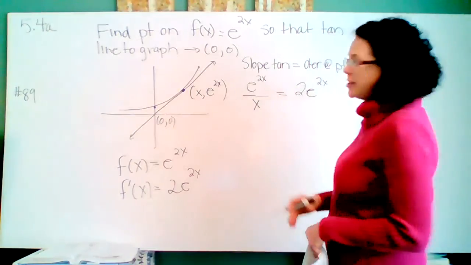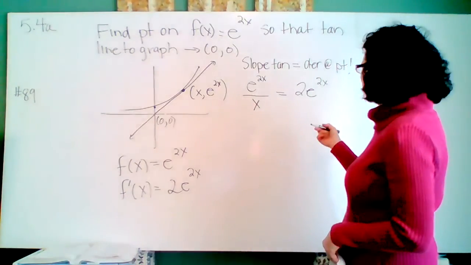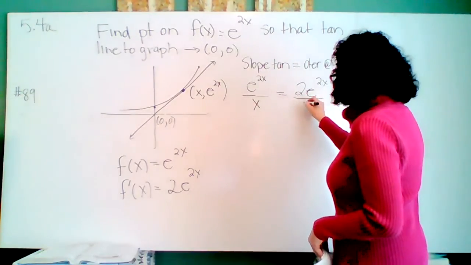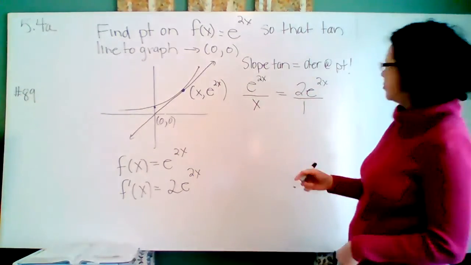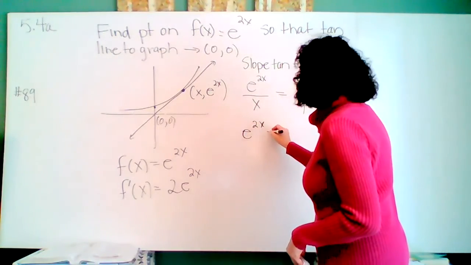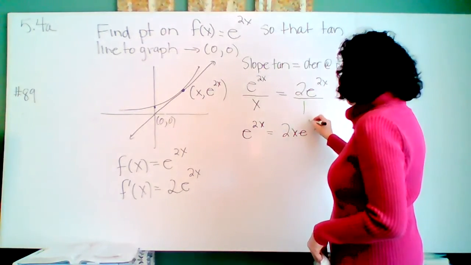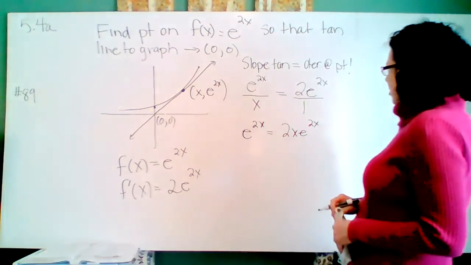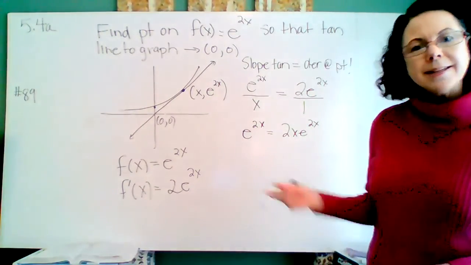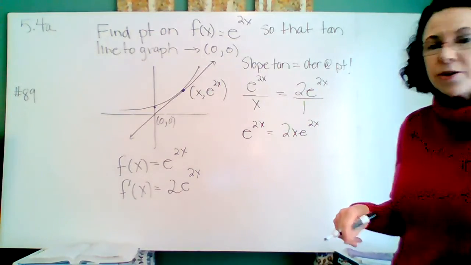Okay, now we just have to find the x where this is true. A couple ways we could go here, but let's go ahead and cross multiply. E to the 2x equals, I'll cross multiply here, 2x e to the 2x. Well, I think what we might need to do here is get everything to one side and set it equal to 0, maybe do some factoring.